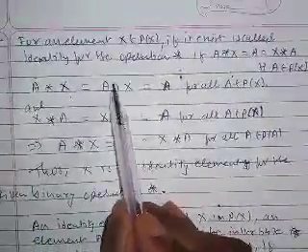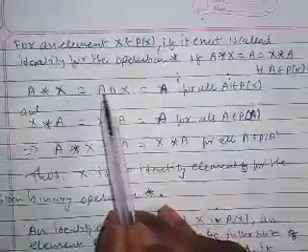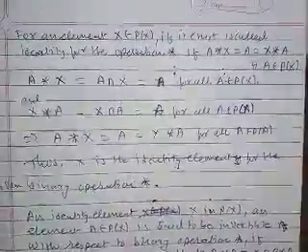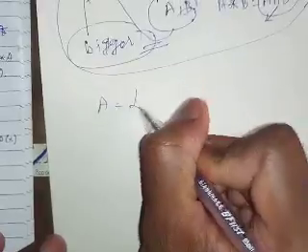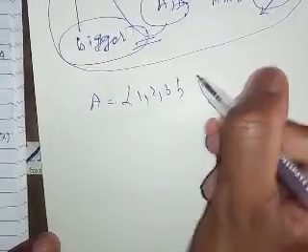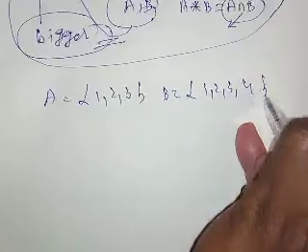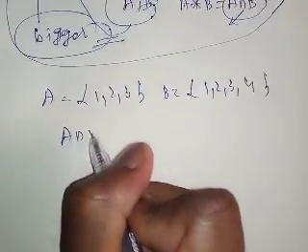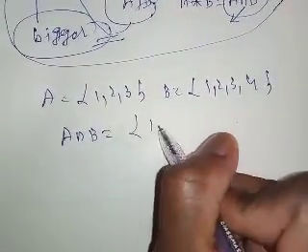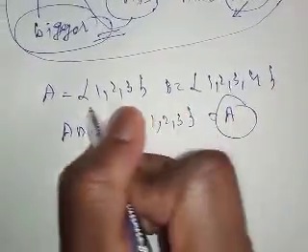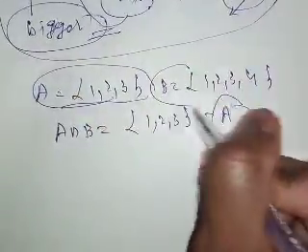X is the biggest and A is the smallest, and when we take an intersection it always comes out as the smaller one. Let's take the example. Say A is equal to {1, 2, 3} and B is equal to {1, 2, 3, 4}. You find A intersection B. What is A intersection B? {1, 2, 3}, which is equal to A. From these two sets, A is the smaller.